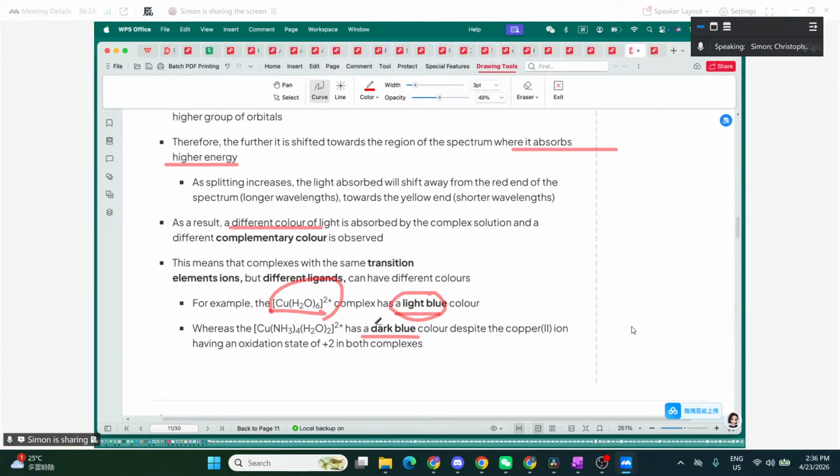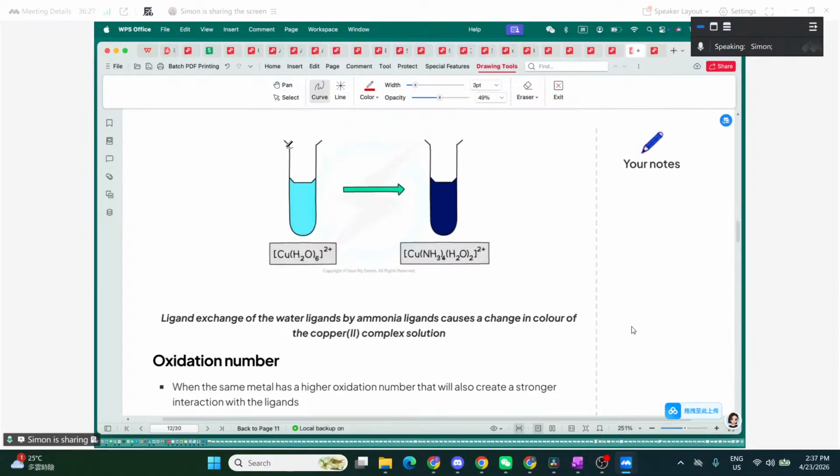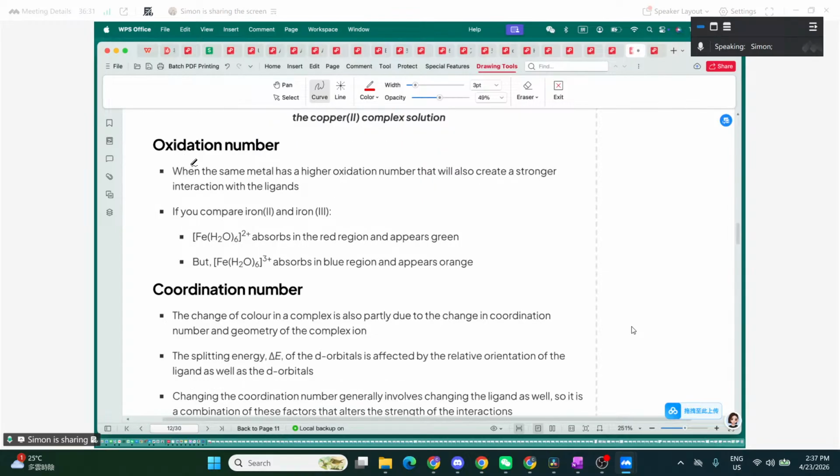And for this one, why does the color differ? This is the oxidation number. When the same metal has a higher oxidation number, that will also create a stronger interaction with the ligands. So if you compare the iron and iron, they will absorb in the red region and appear green.